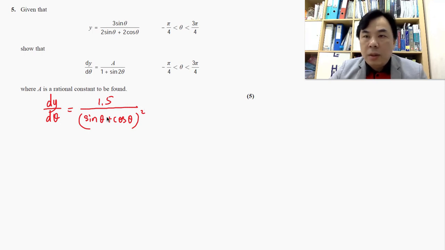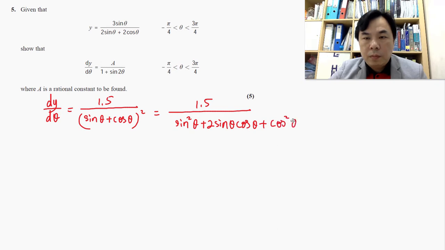All we need to do is expand the new denominator here. If you expand that, we will have sine square, and as you can see, there you have it.